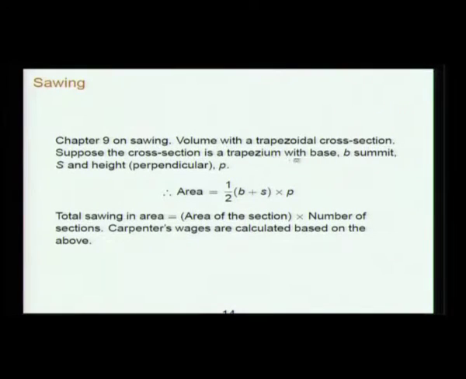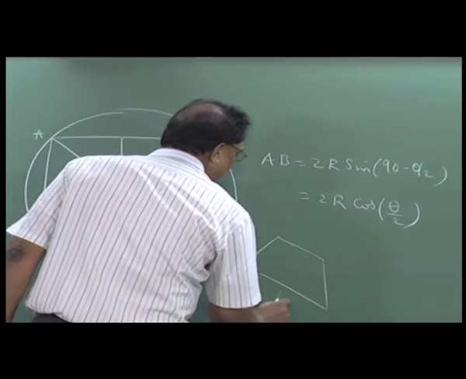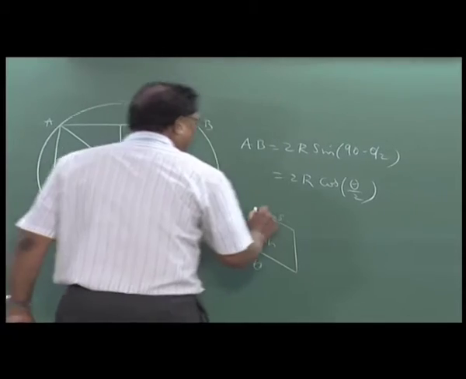Suppose the cross section is a trapezium with base B, summit S and height P. Then the area is half of B plus S into P, and we had seen that, right. Brahmasphuta Siddhanta itself has this result. Suppose this is B, this is S, and this is the height, and this is the volume.